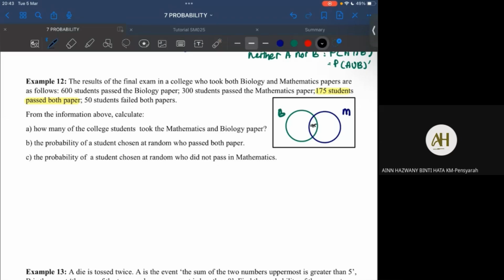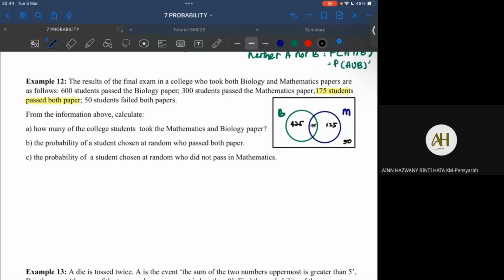So now nilai dekat sini kita ada 300 student pass mathematics. So 300 minus 175, we have 125 di sini. So biology 600 students minus 175, we have 425. 50 students fail both papers. Macam mana boleh fail? Now let's go to the question.